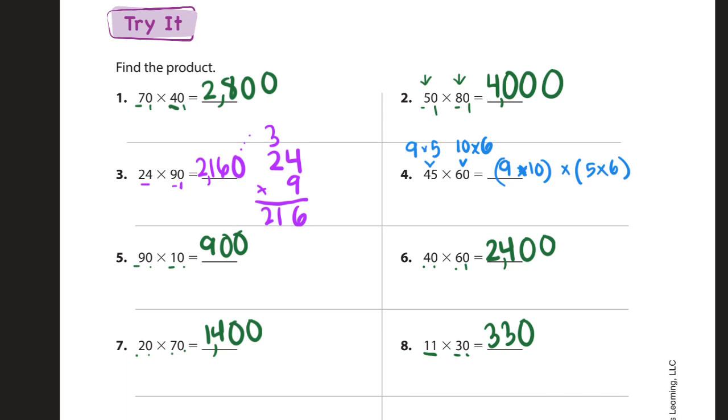I chose these numbers because both give me numbers that end in 0. So 9 times 10 is 90, and 5 times 6 is 30. And I know how to do this because 9 times 3 is 27, and then I add 2 zeros. This is a different way for you to solve these kinds of multiplication problems.